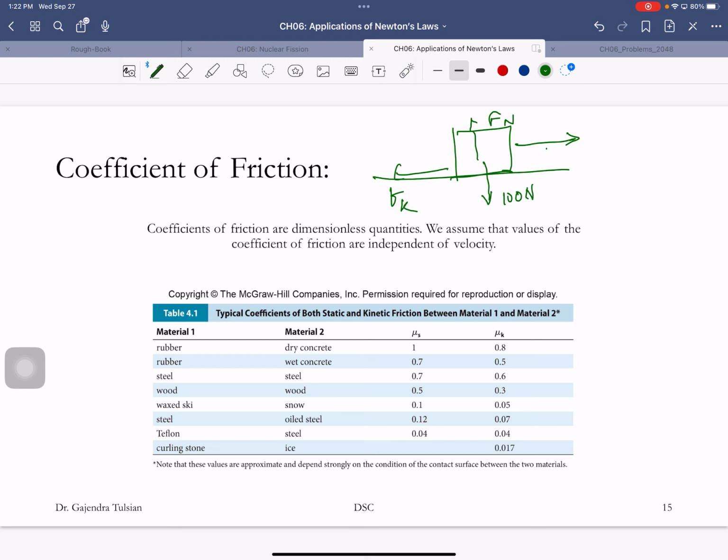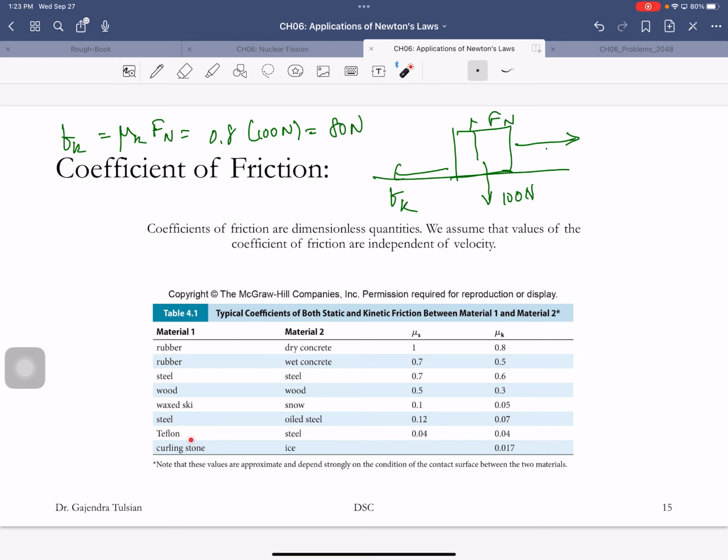The friction force is mu k times the normal force, and the normal force is 100 newtons, so 0.8 times 100 newtons, which is 80 newtons. What this number is telling you is if you have a 100 newton block, to keep it moving at constant velocity, you need an 80 newton force.